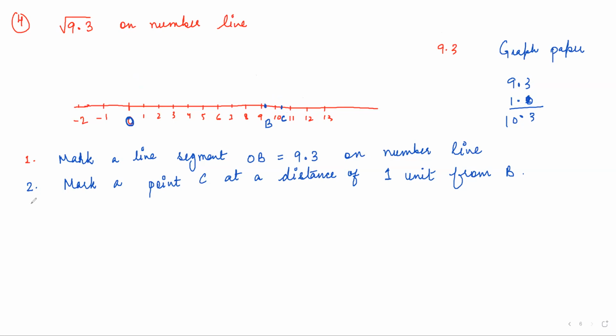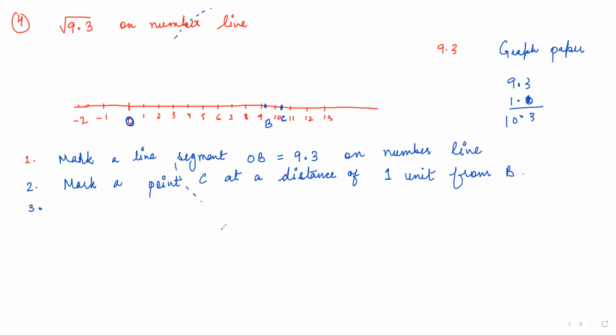Right. Now third, what will you do is, now the actual line segment is OC. Now you have to find the midpoint of OC. How will you find the midpoint? We know by construction how to find the midpoint of any line. You take some distance in the compass, at least more than half of this line, right? And then you make a cut. Place your compass at C, draw an arc here, if you people remember.